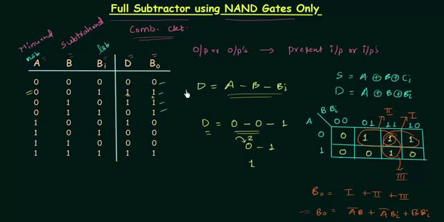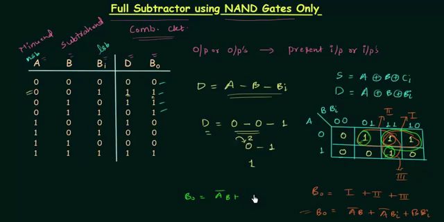But I will not use this expression because I want to obtain the full subtractor using minimum number of NAND gates, and to do that I will obtain a different expression for the borrow output. I will make different groups. I will first combine these two ones, and this will give me A complement and B. Then I will not combine the other ones with others, we will take them individually.